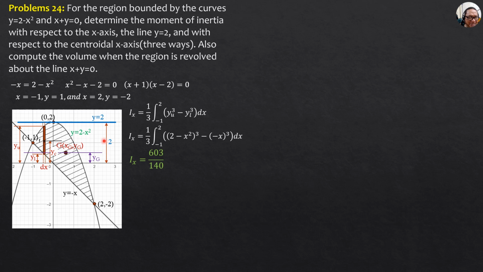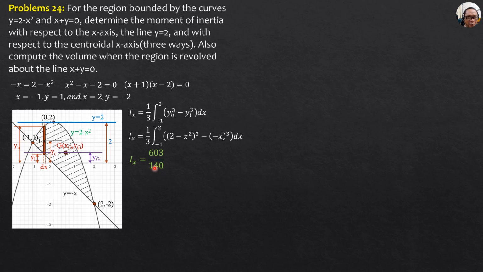That's the height to the line y equals 2, so 2 minus lower y, then the quantity cubed. Then for this, we subtract this, which is 2 minus upper y, then the quantity cubed.